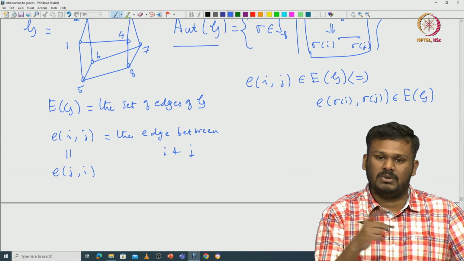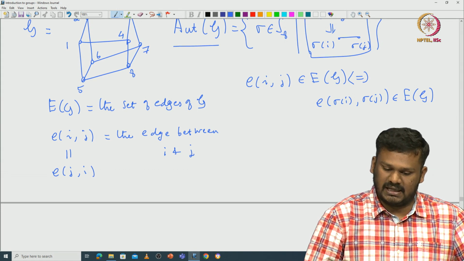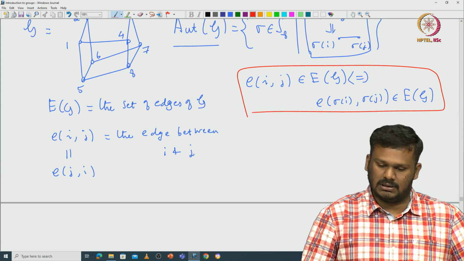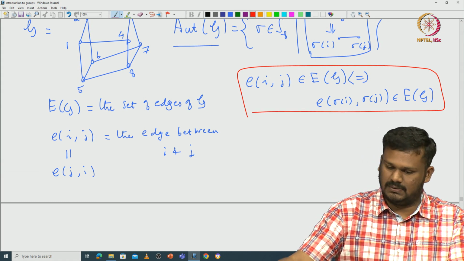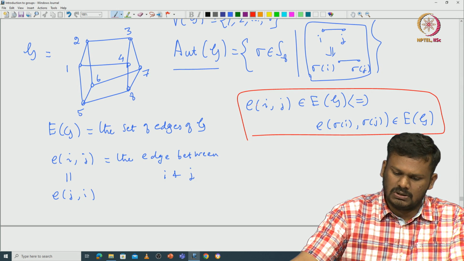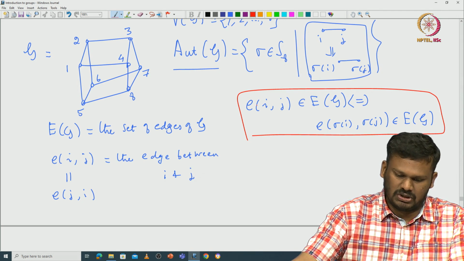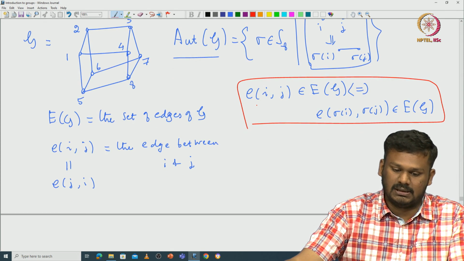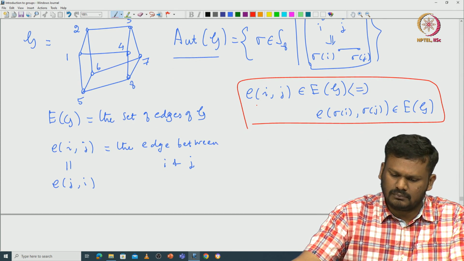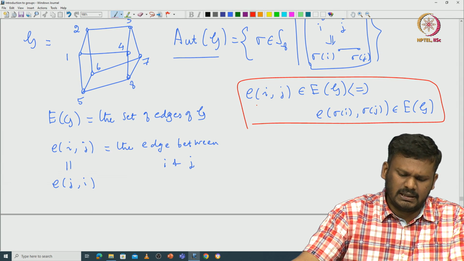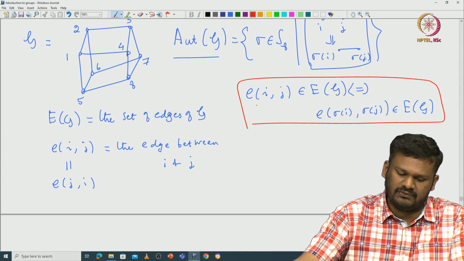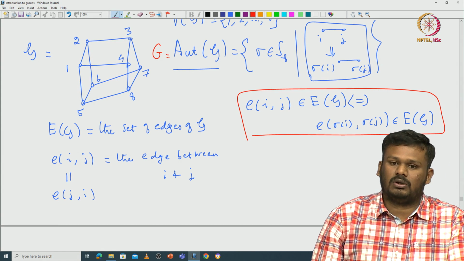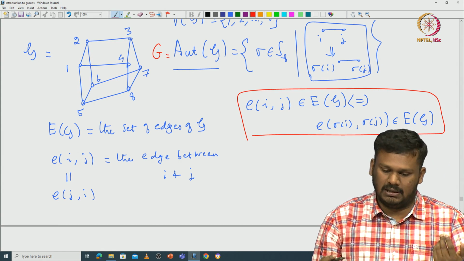These are all permutations of the vertices that satisfy this very important property of graph morphisms. This is the definition of the automorphism group of G, and under composition we have already seen that this actually forms a group. Now we are interested in counting the cardinality of this group. Call this group G, and we want to count how many elements there are in this group.